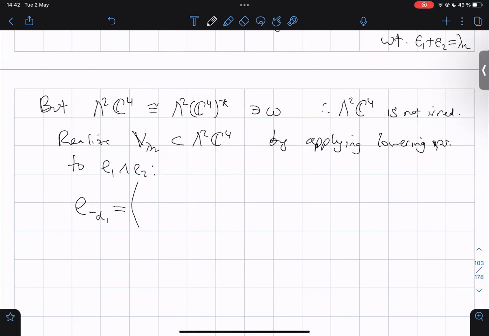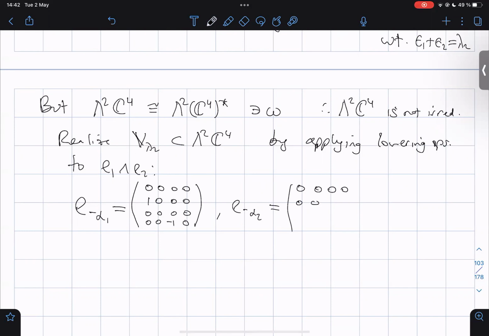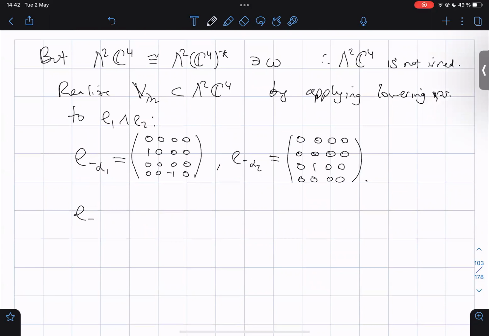If you look at the matrices corresponding to the negative roots, you're going to get these expressions that I'm writing down right now. So strictly lower triangular stuff. There are some constraints. We have 4 negative roots here, and so we have 4 lowering operators.